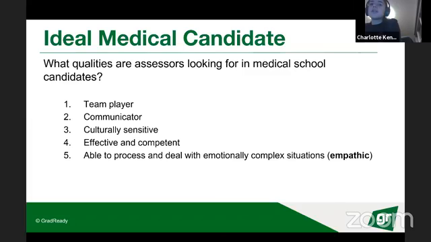Next one is being able to deal with emotionally complex situations. This is really important as well, because a lot of the ethical scenarios will try to bring out those emotions inside you, and they'll also deal with quite heavy topics. It's really important to first and foremost act out of empathy towards other people, making sure that emotionally they're okay, looking out for their safety, and acting in a way that makes it clear to the examiner that you do consider other people in your actions.